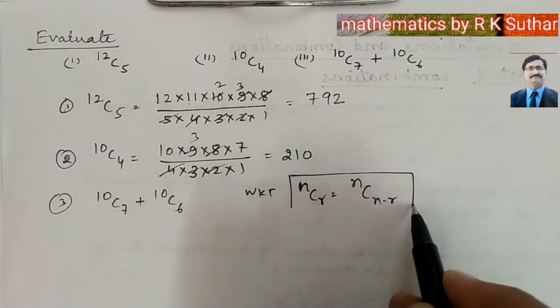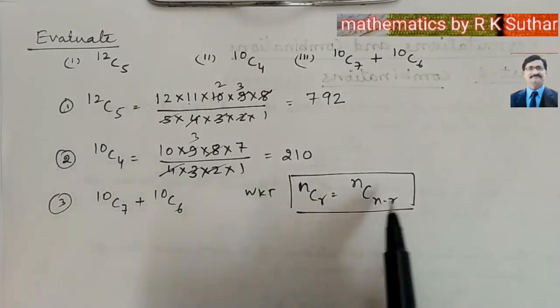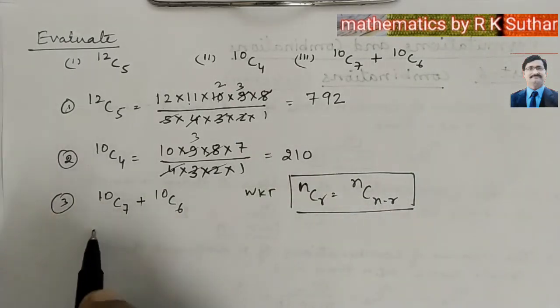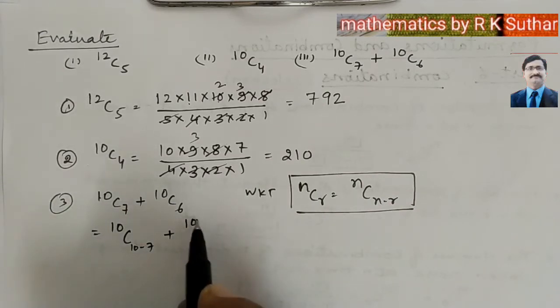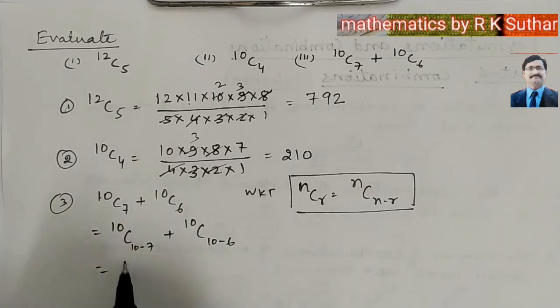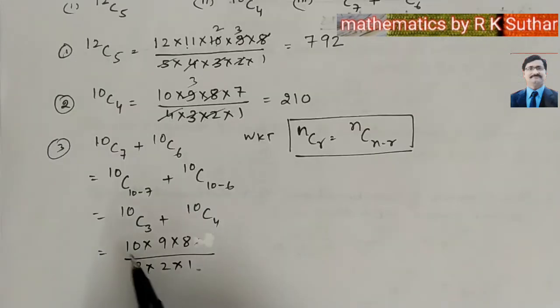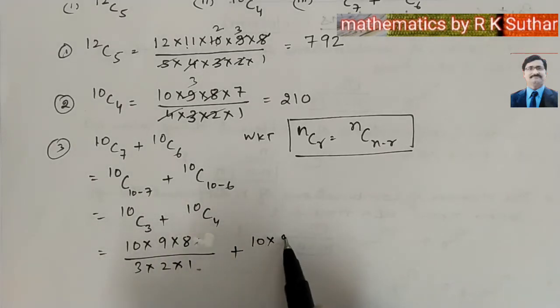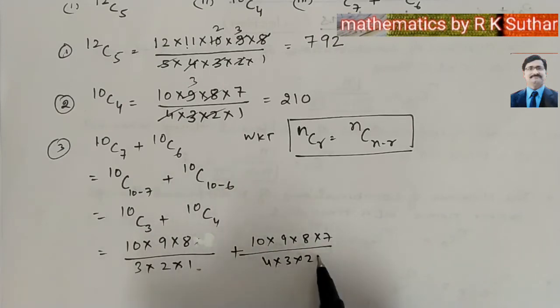When the difference is less, we use this formula. 10C7 we can write as 10C(10 minus 7), and here also 10 minus 6, so this will be 10C3, and here we get 10C4. So 10C3 we can write as 10 into 9 into 8 upon 3 into 2 into 1, and here also we write 10 into 9 into 8 into 7 upon 4 into 3 into 2 into 1.